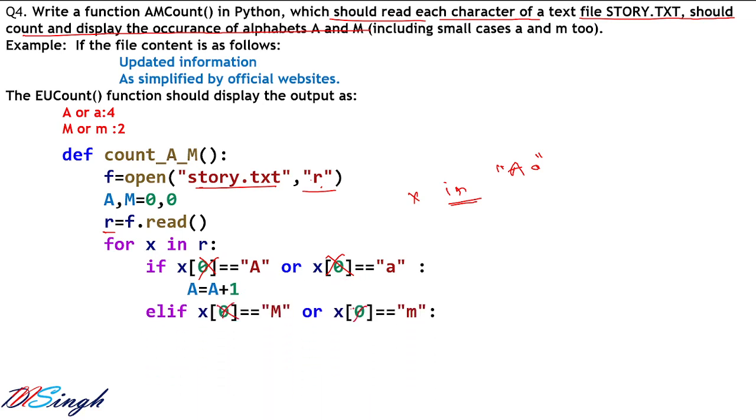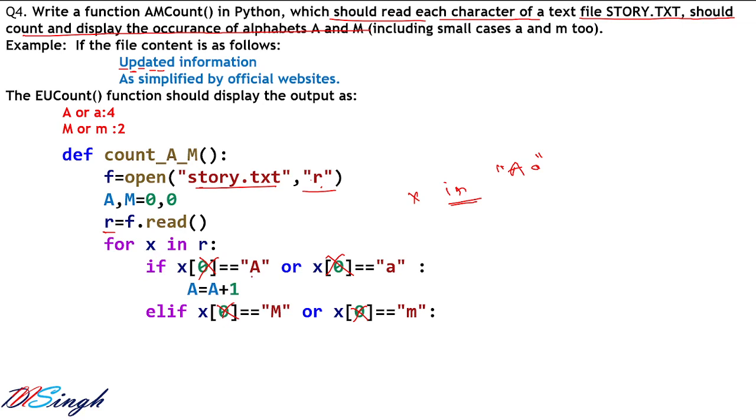Same way here for m. So no need to put this subscript of 0 because x has only one character in it, since x is iterating element by element. First time x will have u, then p, then d, then a, then t. So it does not mean anything to put a subscript there.